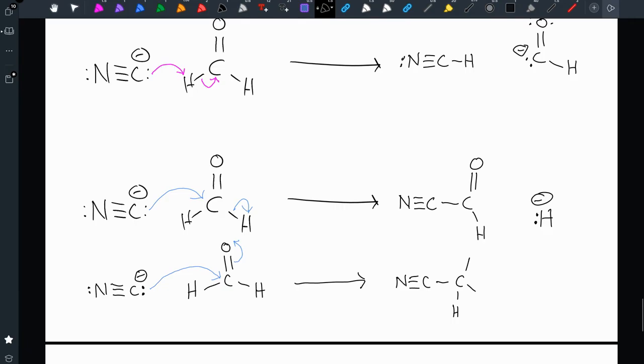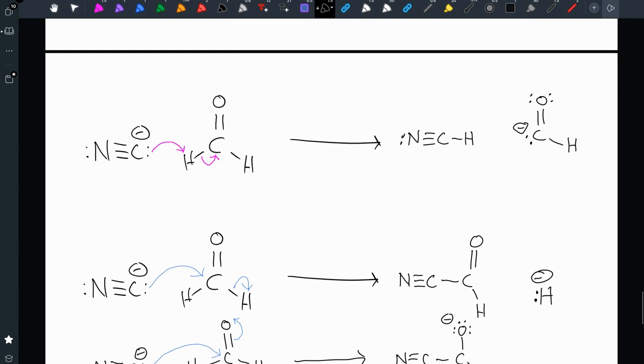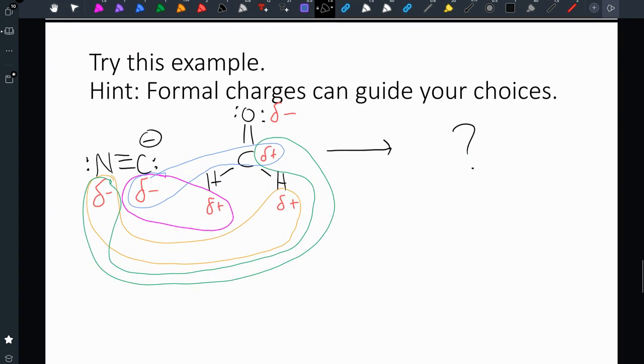Carbon is still bonded to two hydrogens now, and it's got a single bond to the oxygen, which will now have three lone pairs and a negative formal charge. All right, so so far I've considered the pink and the blue possibility.